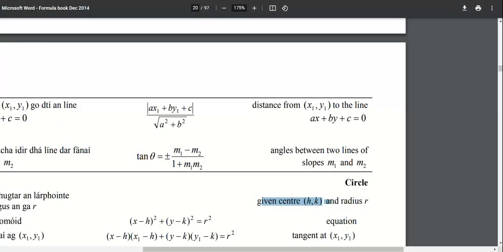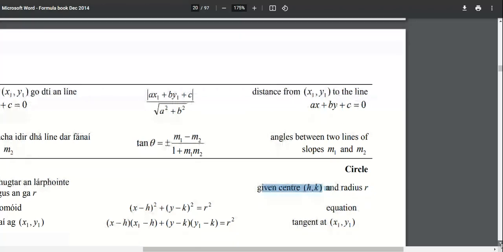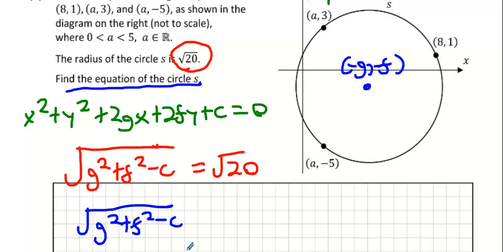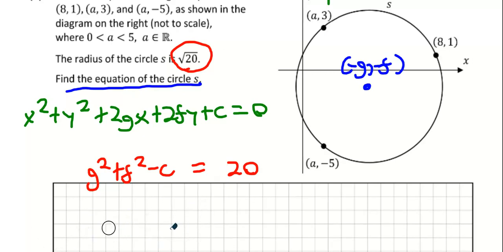It's actually in the tables. If you go downwards, you can see that the center of the circle is minus g, minus f, and it's written there for you. So there's actually nothing I can do there. I can square both sides. What happens if I square both sides? Just get rid of the square root, yeah? That's one formula. I can use the radius formula when I get a chance. Currently, don't know how to use it.